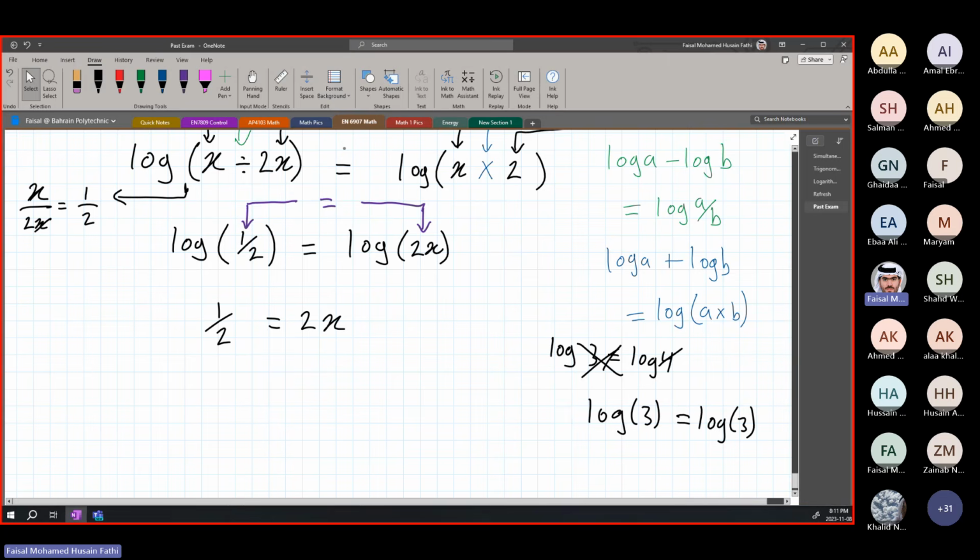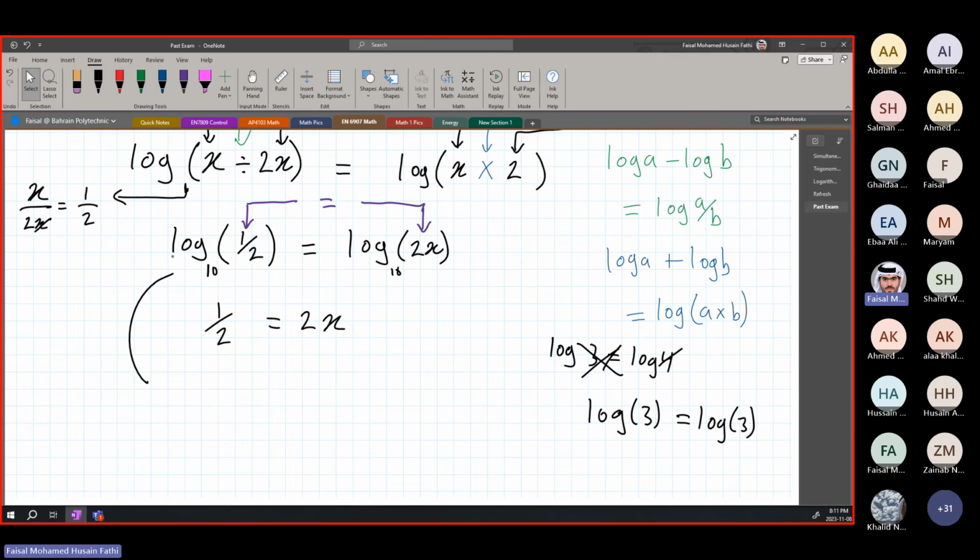If you want to do it mathematically, you can just say we will raise both of these to the base, base 10. We raise them both to base of 10. So a different method of doing this is by saying 10 to the power of half is equal to 10 to the power of 2x.